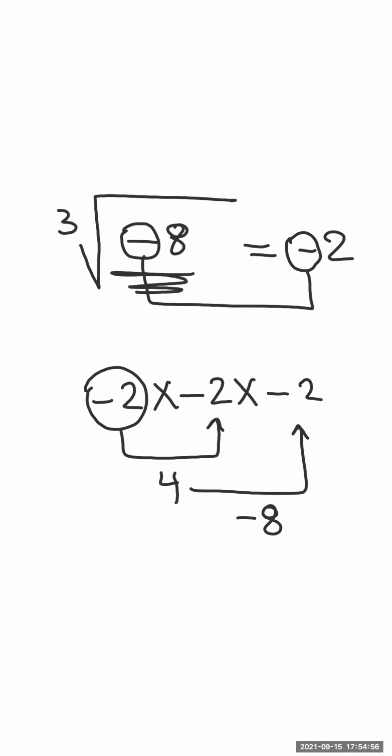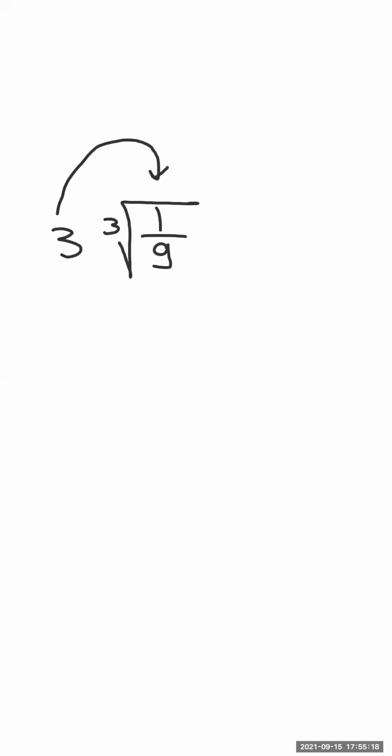Okay, guys. Let's solve one example like this. If there is a number like 3 and then cubic root of 1/9. We solved such types of questions in the square roots. So here, we can insert the number inside the cubic root, but with its cubic value.